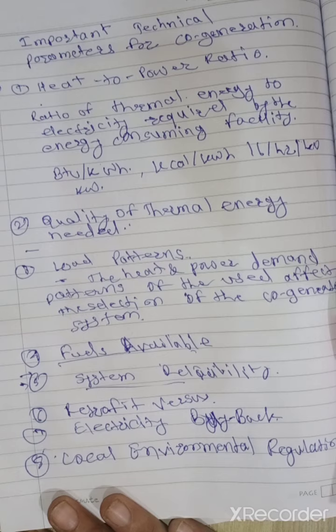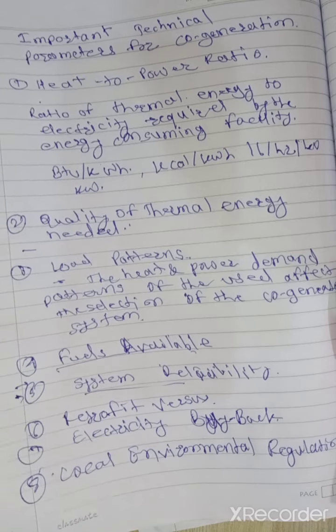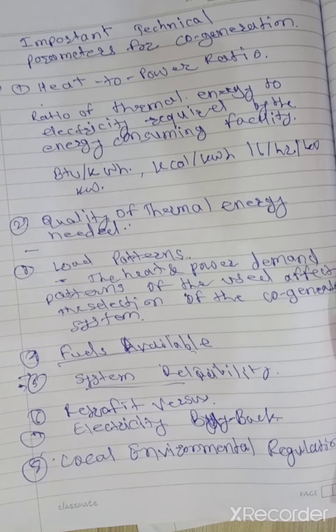This is also referred to as a stand-alone system. If the thermal energy demand of the site is higher than that generated by the cogeneration system, auxiliary boilers are used. On the other hand, when the thermal energy demand is low, some thermal energy is wasted. If there is a possibility, excess thermal energy can be exported to a neighboring facility.